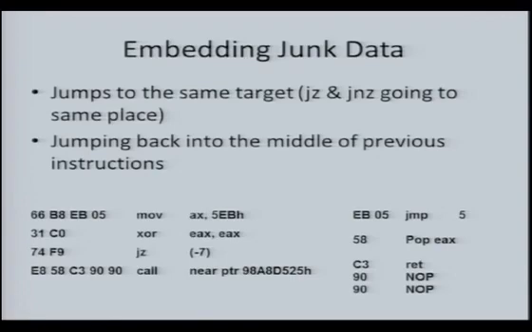What's actually happening at runtime is this jump happens, and then it jumps back to EB05, and it realigns all the opcodes. So what actually happens is it jumps forward 5 bytes, which, 1, 2, 3, 4, 5, to 58. 58 by itself is pop EAX, C3 is return, and then 2 nops. So that's what's actually happening. But by inserting this weird little backwards jump, it completely realigns everything that happens after that.